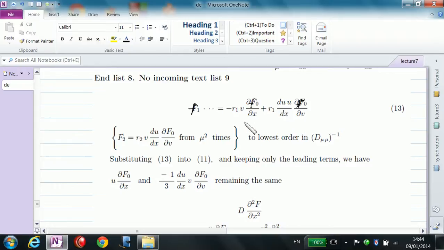Oh look, this is the thing I was looking for before, which had the second term in it, and I think that this is a mu.